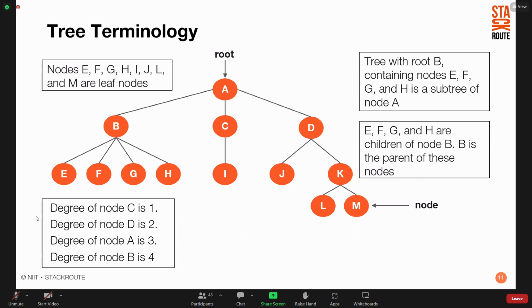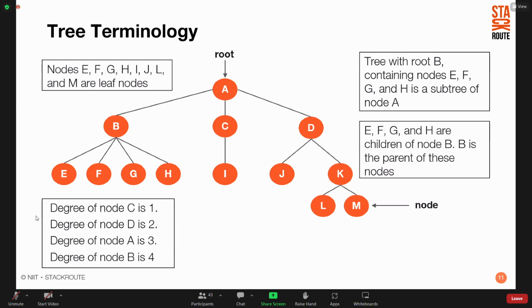If you noticed, this is a tree. A is a root node. For the root node, we will have subnodes, subtrees. Each node in a tree can further have subtrees under its hierarchy.